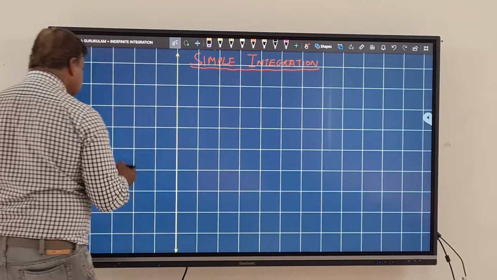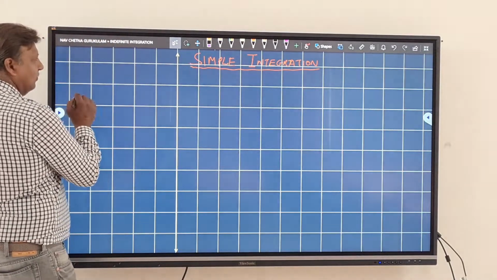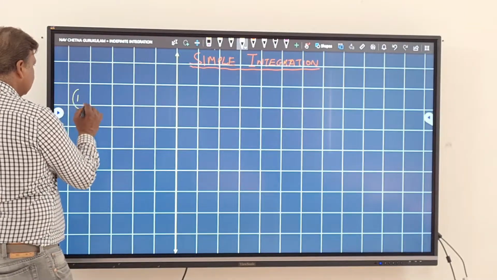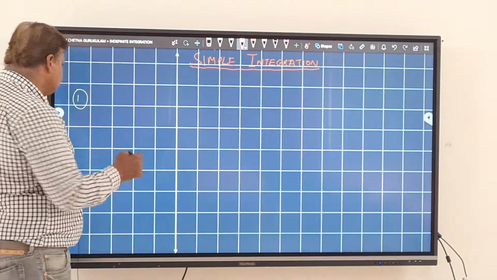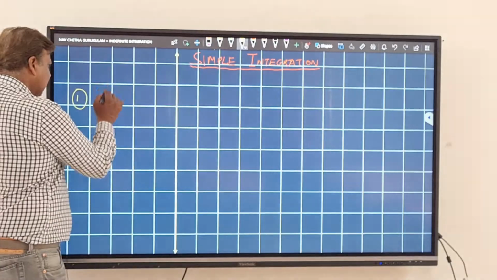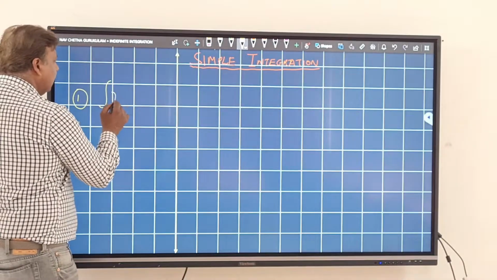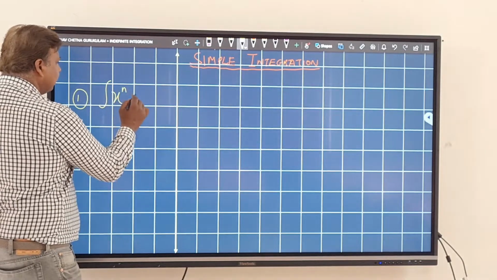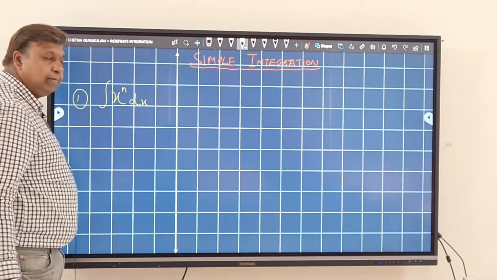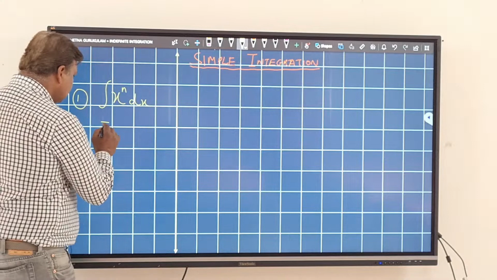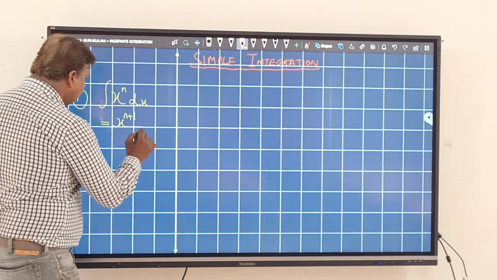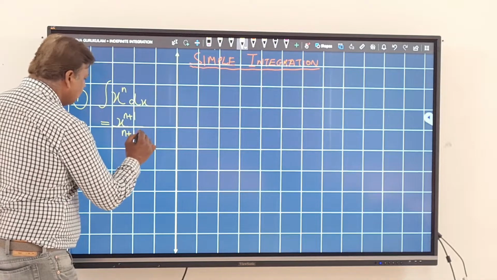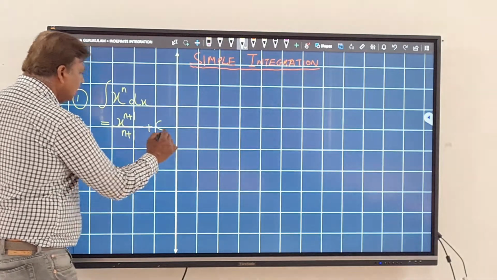The first formula which I would like to emphasize upon is the most fundamental one, and this you have done initially in your physics as well in 11th class. That is integration of x raised to power n is x raised to power n plus 1 upon n plus 1 plus c.